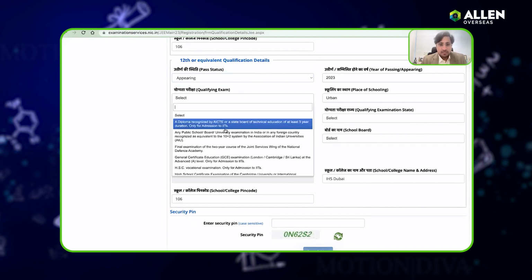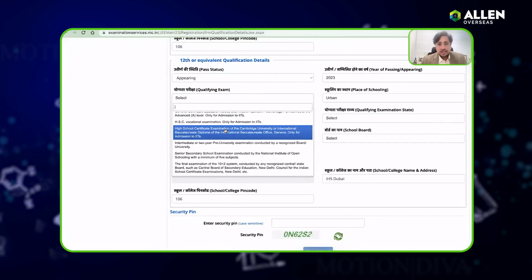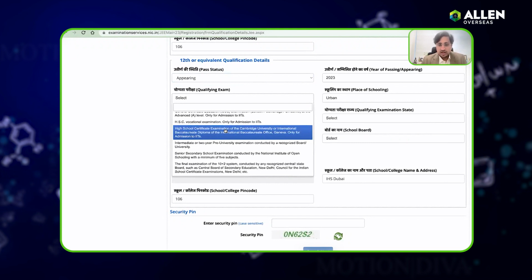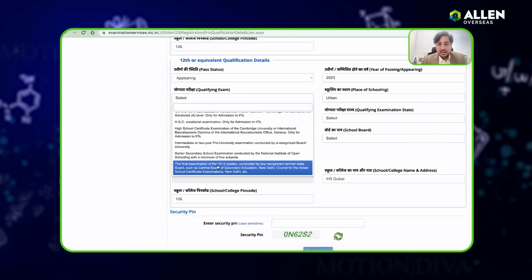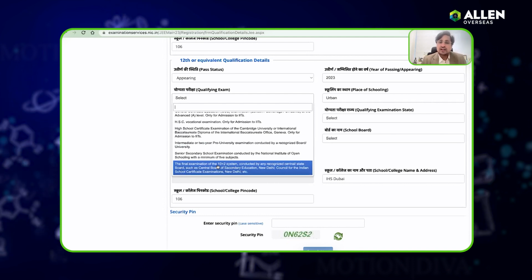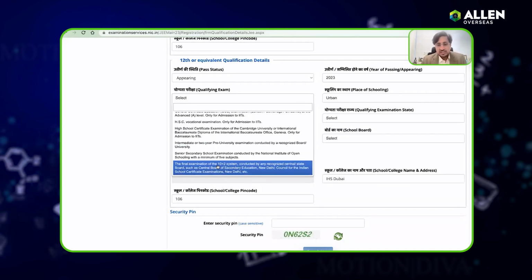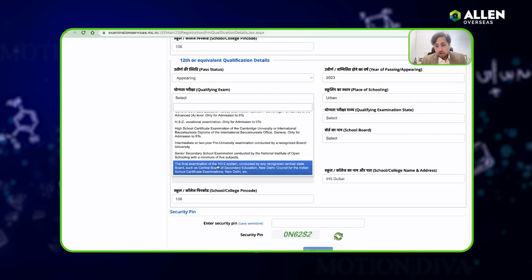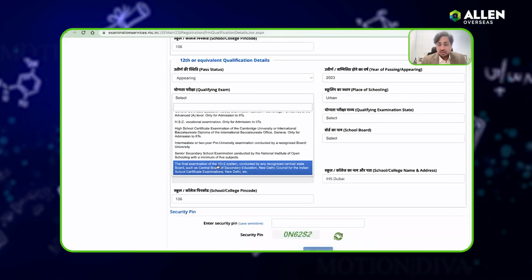Now the qualifying examination, see, there are many options, but you have to be very sure. The final examination of the 10+2 system conducted by any recognized central state board, such as CBSE. It also mentions the Indian Council Certificate Examination.